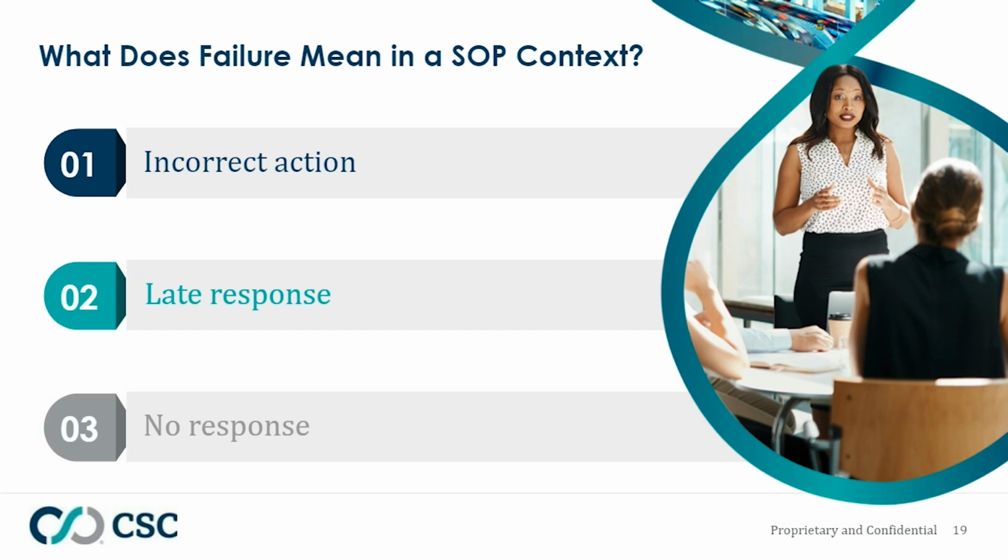The next category is that it's not that the wrong thing was done, it's just that the right thing was done too slowly, and specifically too late. We'll talk in a moment about what that can mean in the context of service of process, but this is where maybe the right type of person was on the receiving end, but they just didn't understand the urgency.